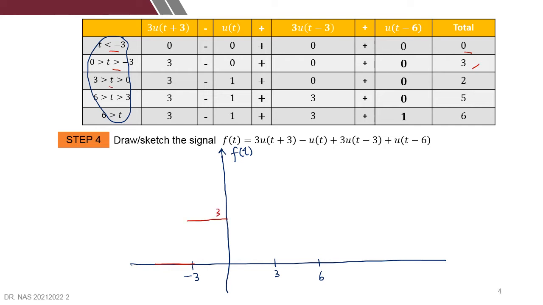Next range, 0 to 3, the amplitude is 2. 3 to 6, the amplitude is 5. And larger than 6 is 6. Lastly, you just connect them all. So then this is your f(t).